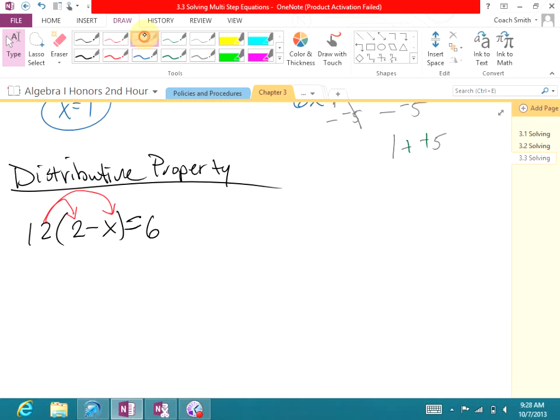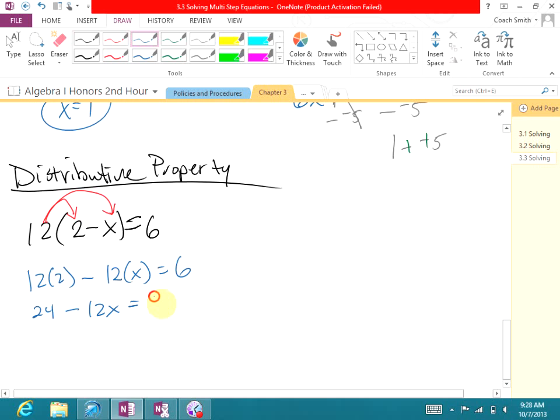So what that means is I have 12 times 2 minus 12 times x equal 6. 12 times 2 is 24 minus, not equal, minus 12x equal 6. Okay, so now that gives me 24 plus negative 12x equals 6.